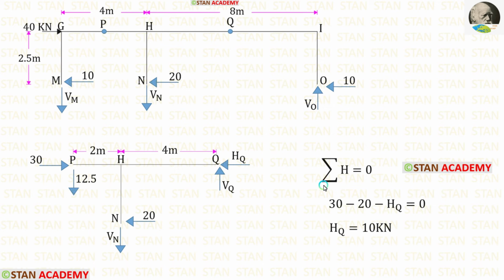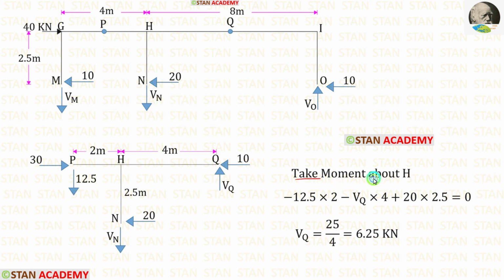Let us apply the rule sigma H equals 0 and find HQ. This force is acting towards the right side, so it will be positive. These two forces are acting towards the left side, so both of them will be negative. Finally, for HQ, we are getting 10 kN.